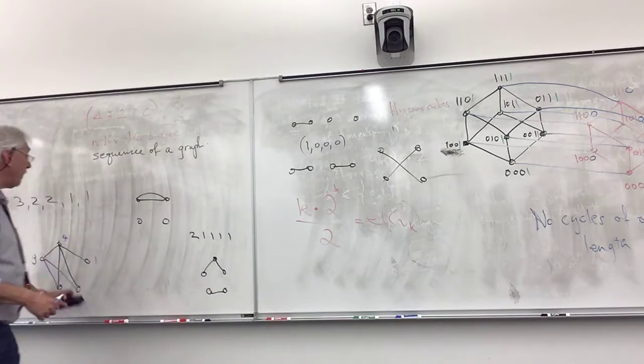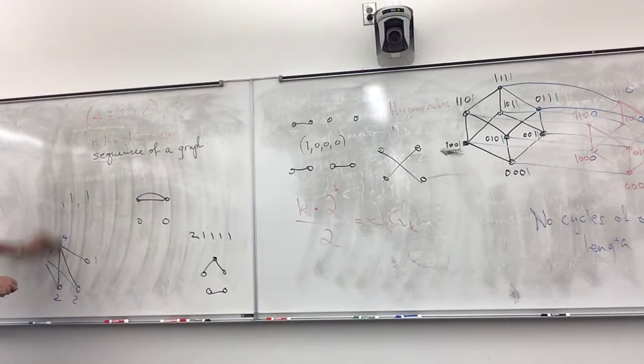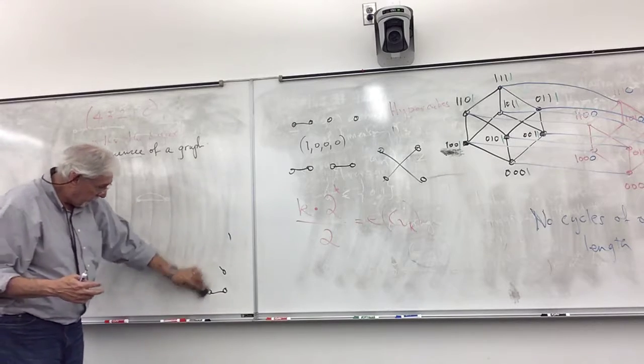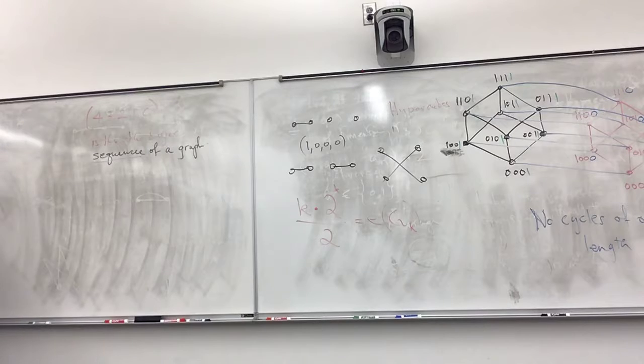So I have a sequence of degrees, and for Havel-Hakimi, it's very important that we put them in non-increasing order.